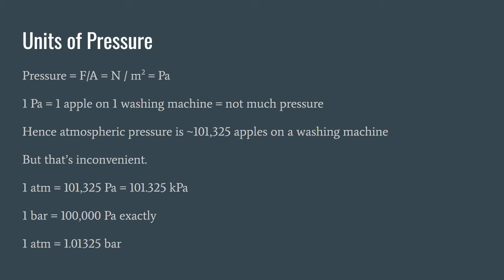We also have the bar, okay? Where baros just means pressure. So 1 bar is exactly 100,000 pascals. That is much more convenient for engineering work. It's a nice round number. So you find that fairly commonly. That's a popular one. So 1 atmosphere is 1.01325 bar.